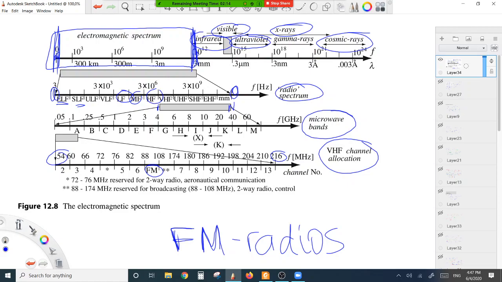Of course, you may use other frequencies, but the use of frequencies which are different from the convention, we can say, is not good.